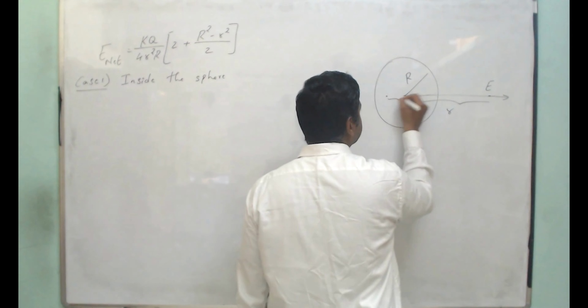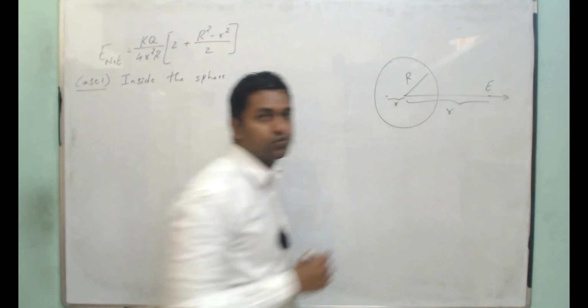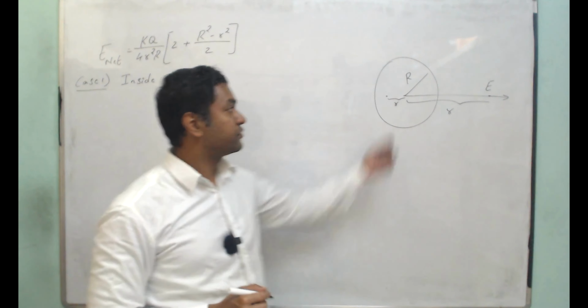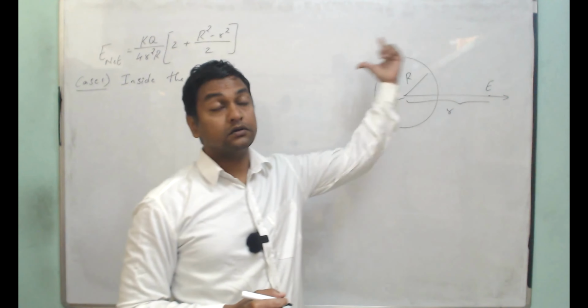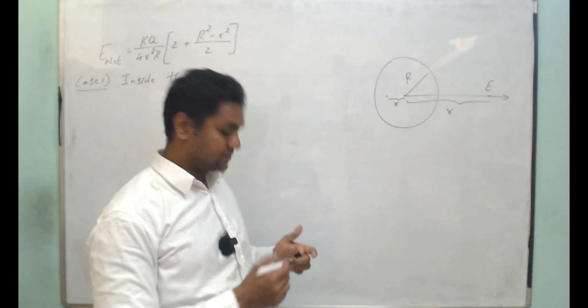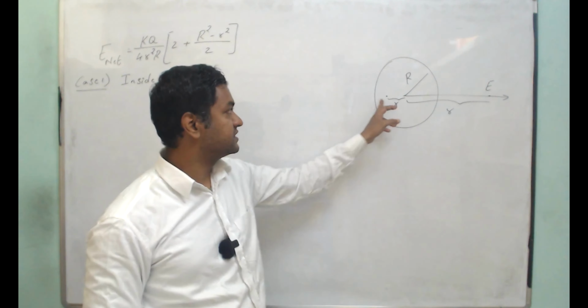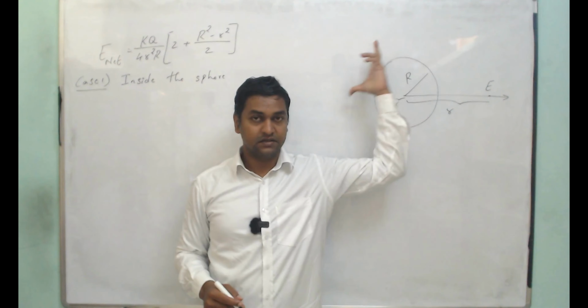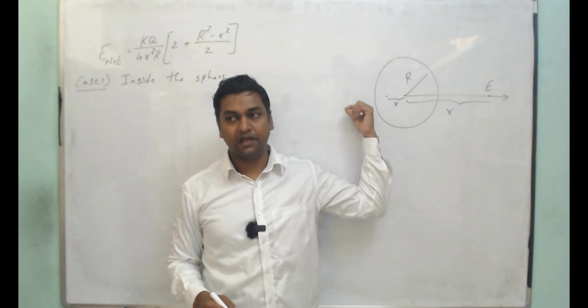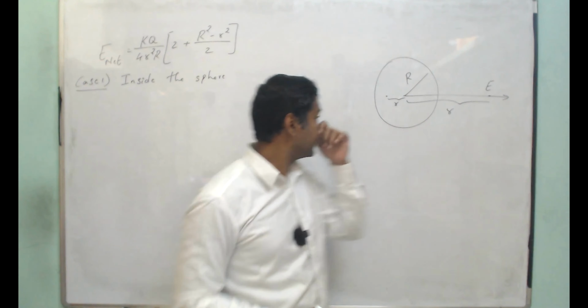That means this distance will now become small r. So what will be the limits for my Z as theta varies?